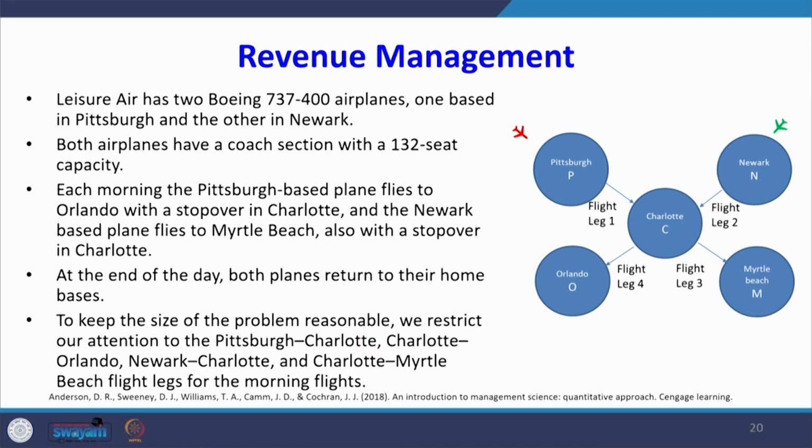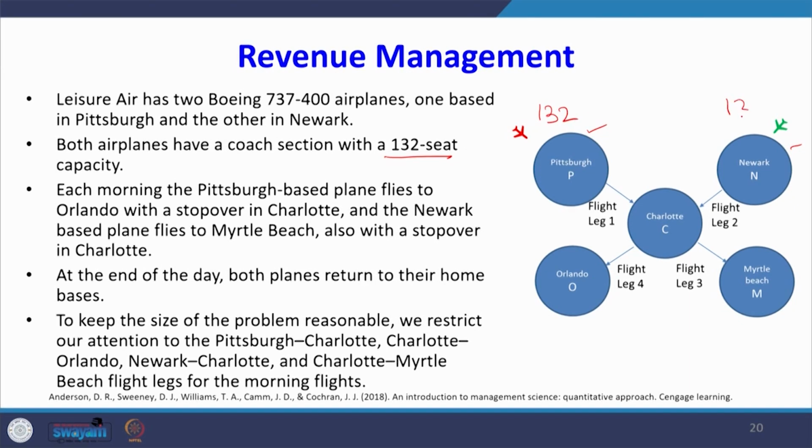Now, I will discuss the problem context. Leisure Air has two Boeing 737-400 airplanes, one based in Pittsburgh and another in Newark. Both airplanes have a coach section with 132 seat capacity.